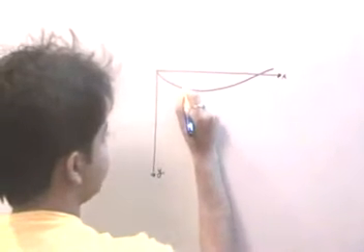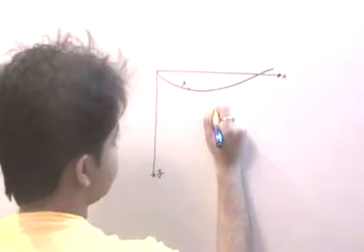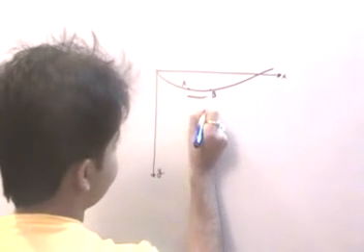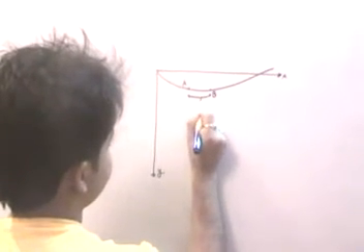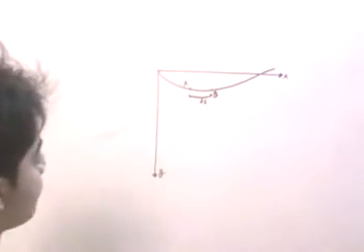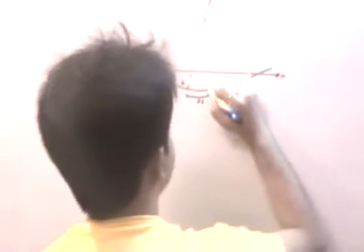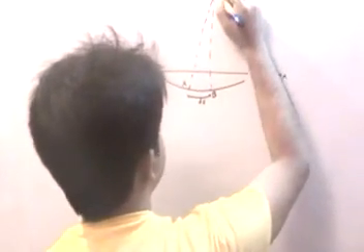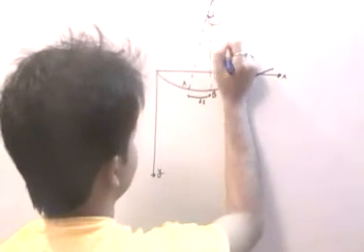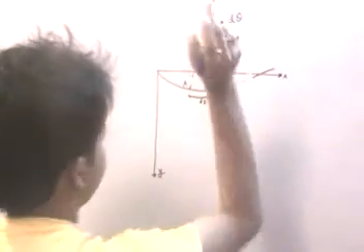If we take 2 points, let us say A and B, and the distance between them is ds, and we draw the tangent to this curve at A and the tangent at B, they meet at point O, and this angle is d theta.